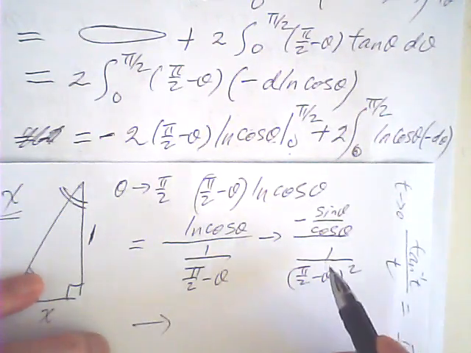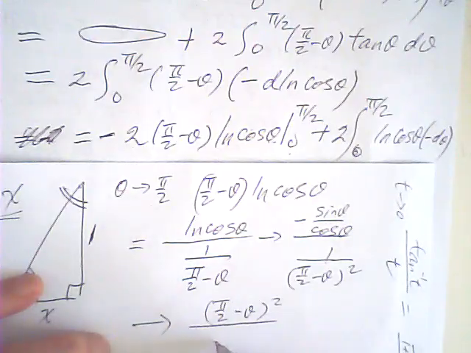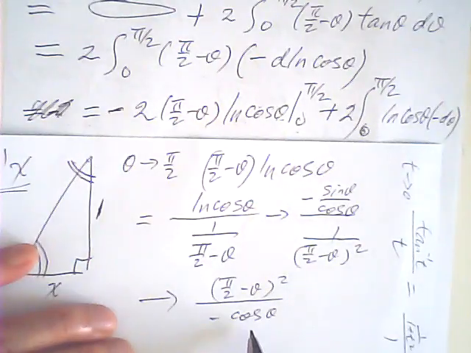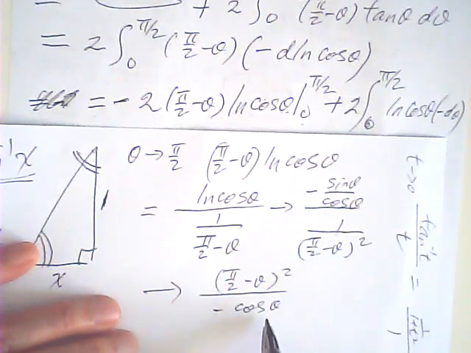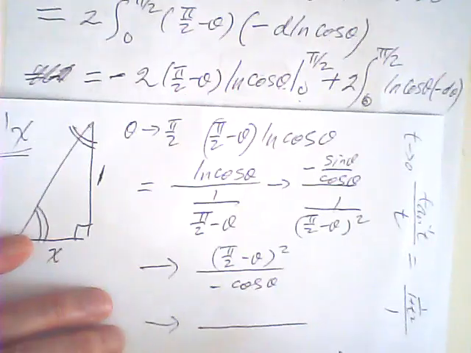So it becomes half pi minus theta square, right? It's negative cosine. So sine theta goes to 1. Now when theta goes to half pi, this goes to 0, this goes to 0. So we can use L'Hopital's rule again.